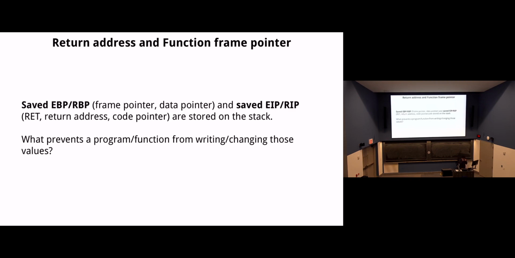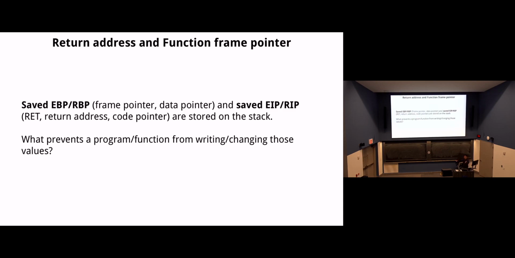So to hijack control flow, we are going to overwrite the return address, because the return address eventually at some point will be used, popped, or restored into the EIP. The EIP, or RIP, is a register that tells the CPU where the next code to be executed is. Also, there is another very important piece of information, the stack pointer.